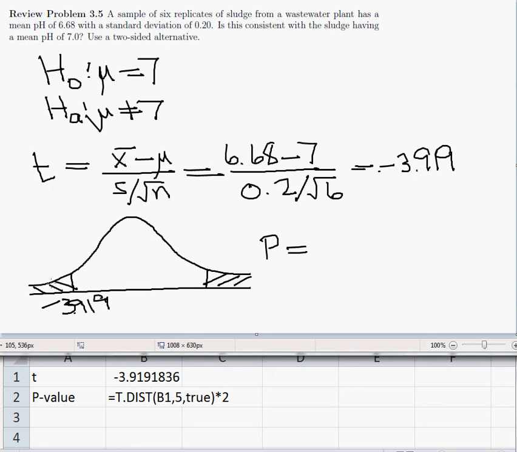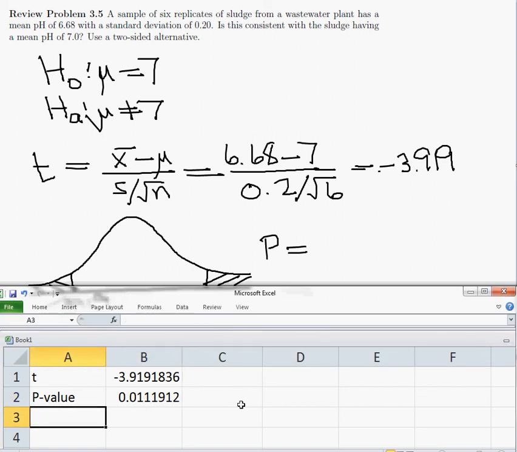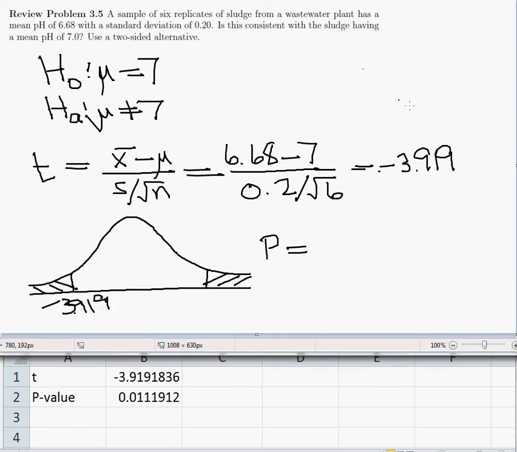This is kind of what you would do on a TI calculator. If we hit enter, we get 0.0112 as the p-value.